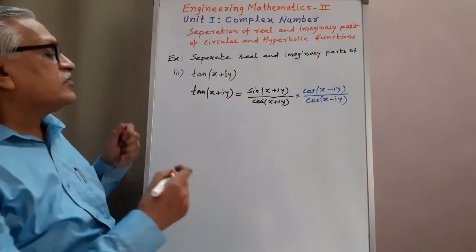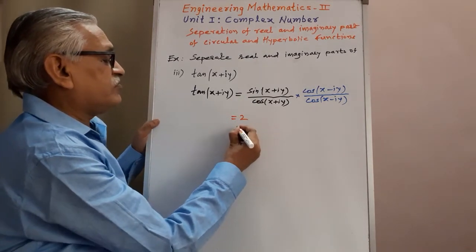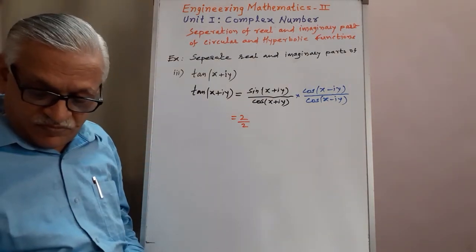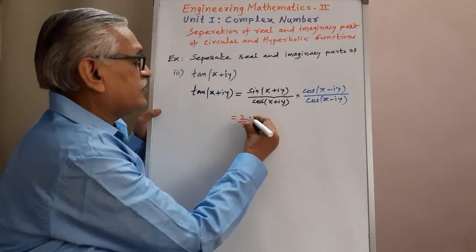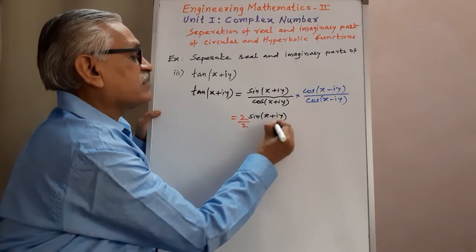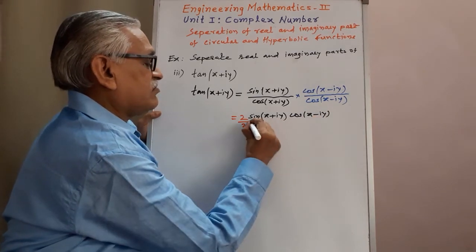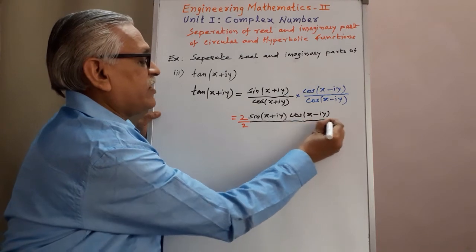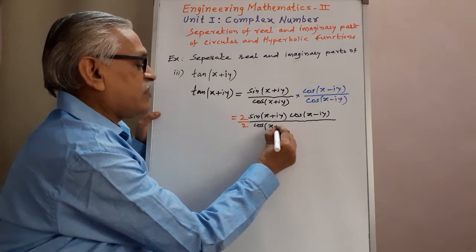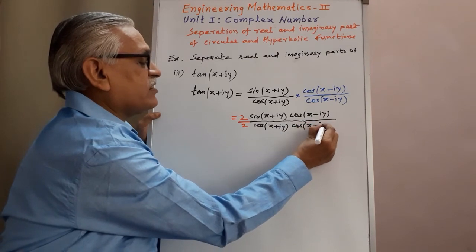Then multiplying and dividing by 2, we get 2 times sine of x plus iy cos of x minus iy, divided by 2 times cos of x plus iy into cos of x minus iy.